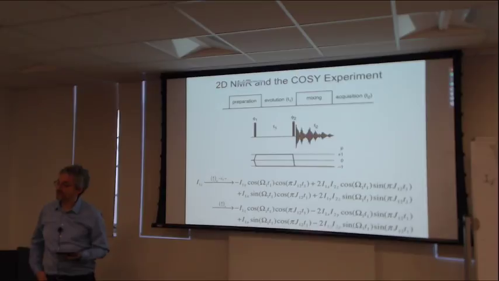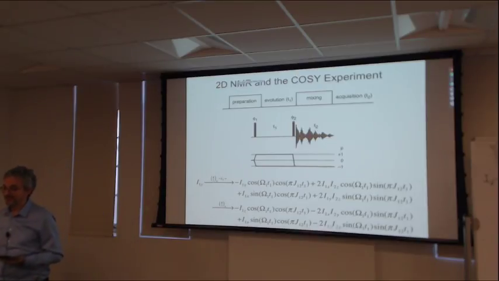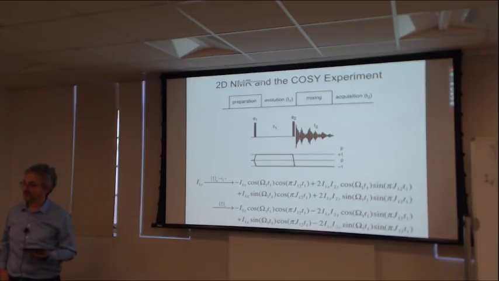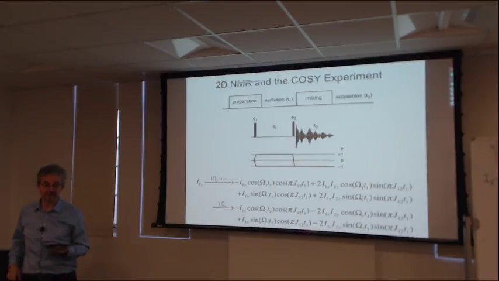And I've been doing this for a very long time. So we have an experiment that tells us the I-spin and the S-spin are coupled together, but it's not broadband. We want some way of making it broadband, so we can do it all at once for the protein.